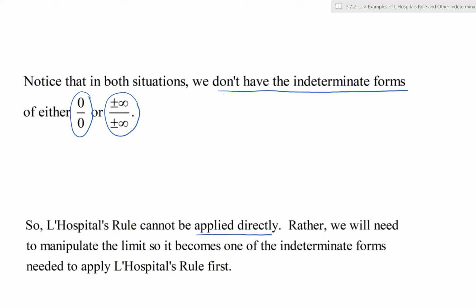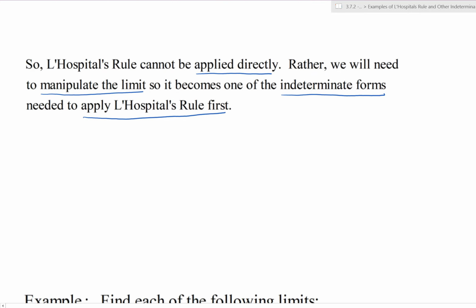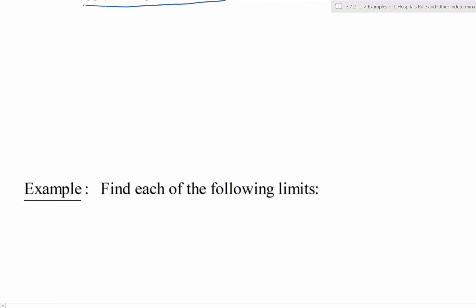Rather, what's going to end up being needed is that we're somehow going to have to manipulate the limit one way or another so that it becomes one of those indeterminate forms. And then from there, we can go ahead and apply L'Hopital's rule. So let's look at how this can happen.